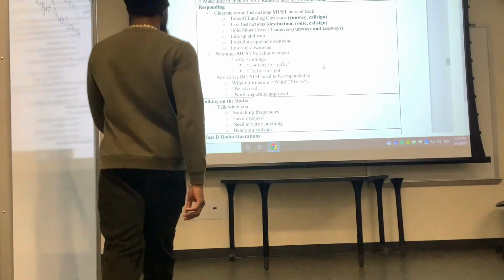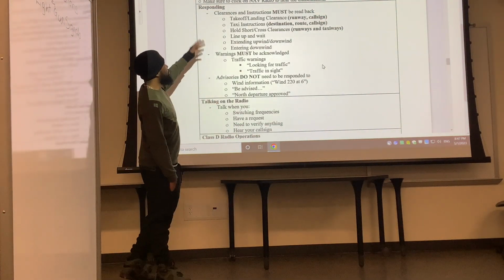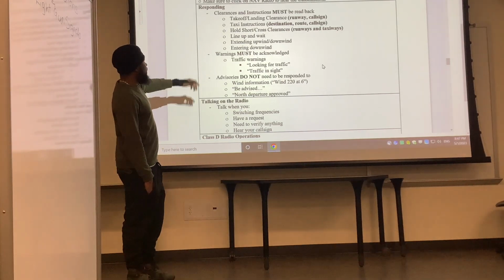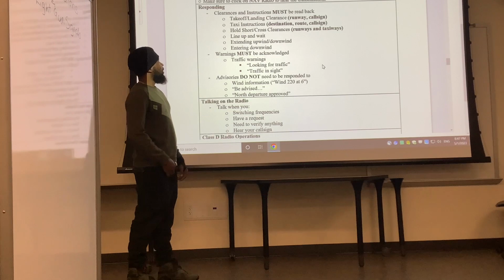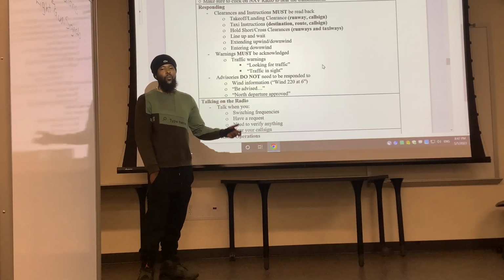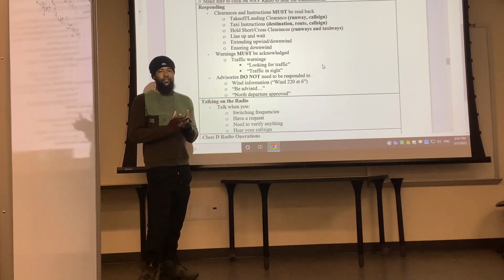All right, now I'm going to walk through the process of when you need to respond. A lot of times we respond when we are given clearances and instructions, and we have to read back so they can confirm that we have the correct information.